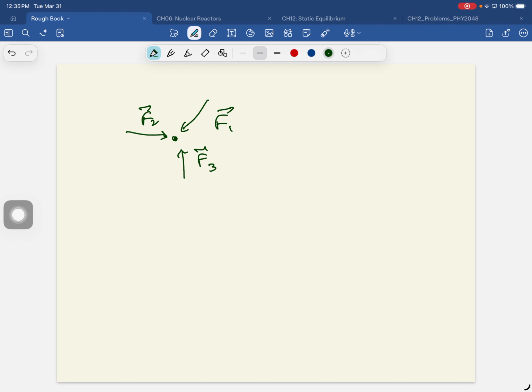The forces cancel out. So the sum of the forces should be equal to zero. For a point object, if the sum of all the forces acting on the object adds up to zero, then the object will be in equilibrium. The net force on it is zero, and it won't accelerate.